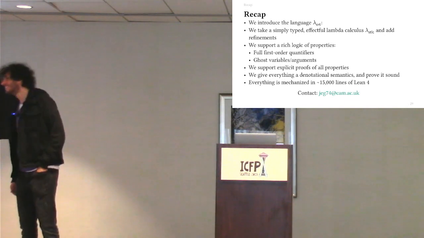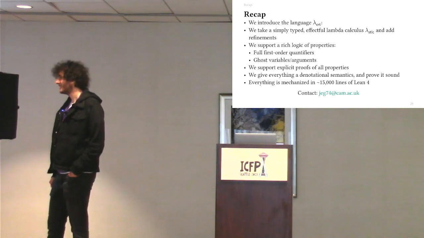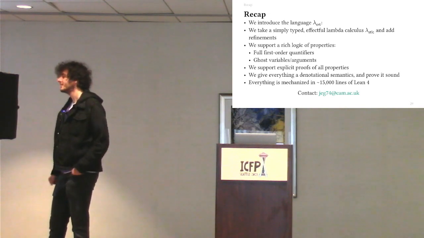Hi. Max New, University of Michigan. Hello. Something I noticed when you defined the erasure of the types, it seemed like there were some arbitrary choices involved. So for instance, when you had the sigma type in the logical structure, you have A on the left and B on the right, but no units, and that's erased to the erasure of A times the erasure of B, but that's an arbitrary choice, right?